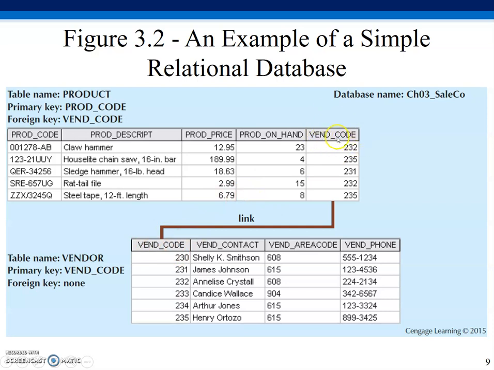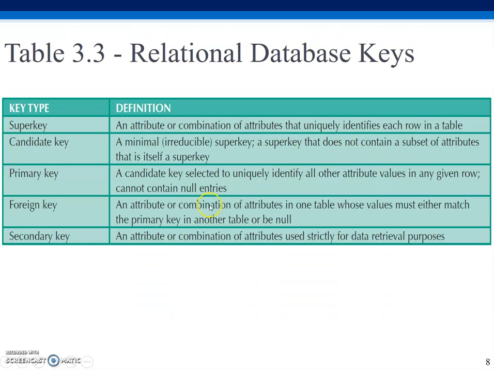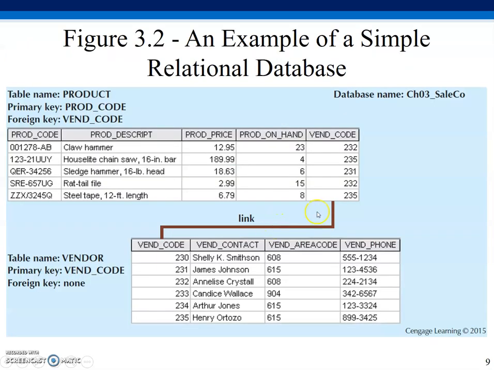So what the foreign key definition says here is an attribute or combination of attributes in one table whose value must either match the primary key in another table or be null. In other words, if I have a foreign key, all these values must be found in this table. Now, you have one here called 234. 234 is not found here.